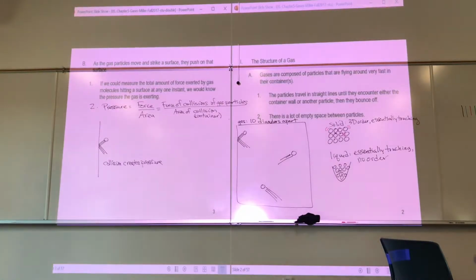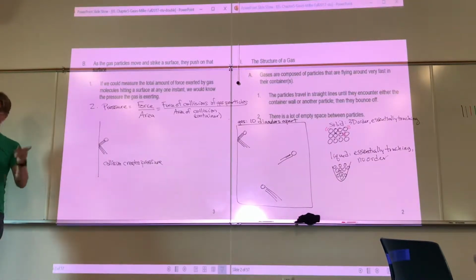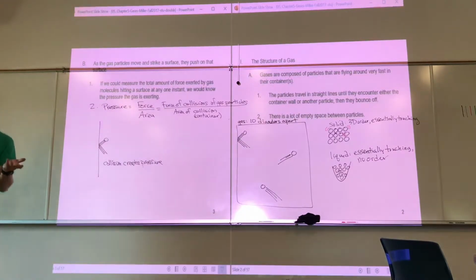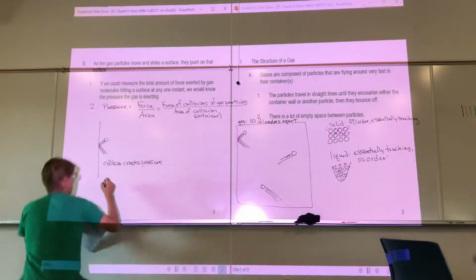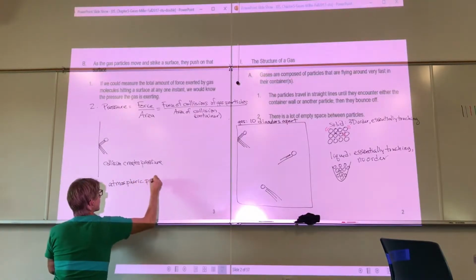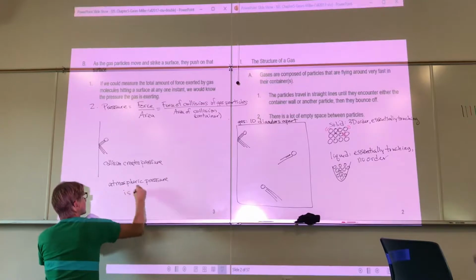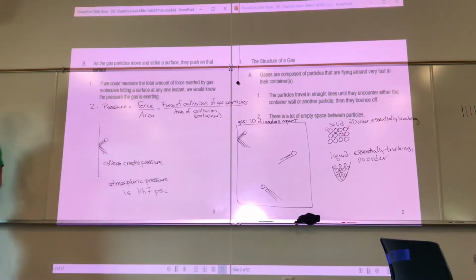Now, are you familiar? There is an atmospheric pressure. Do you know what the atmospheric pressure is in pounds per square inch? Is it like 15 point something or 14? Very close. It's generally 14.7 is what I usually use. Some people say 14.69. So atmospheric pressure is 14.7 psi.